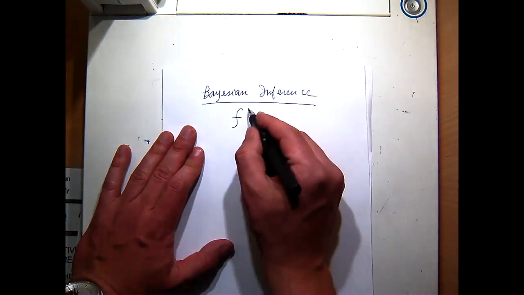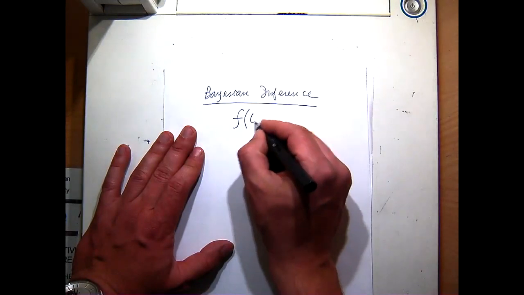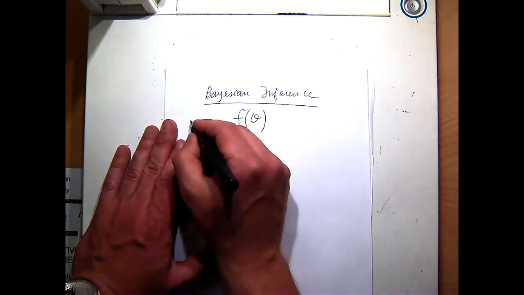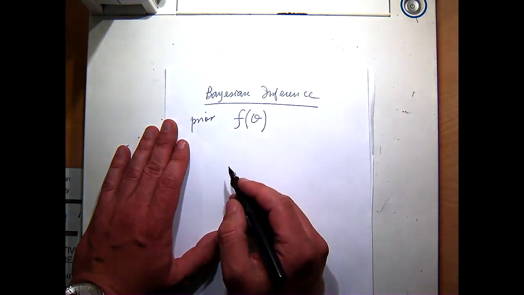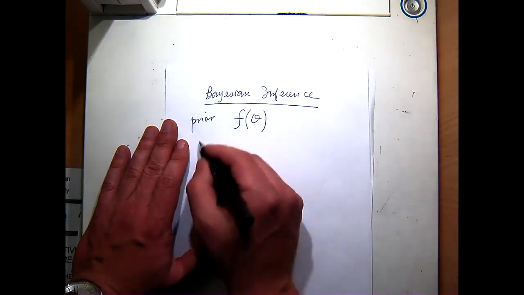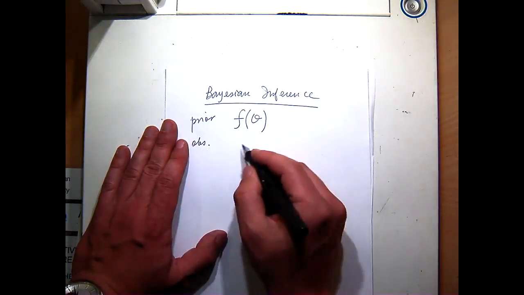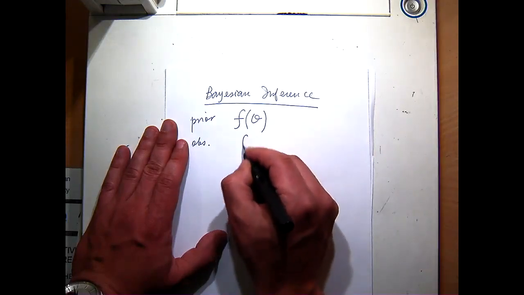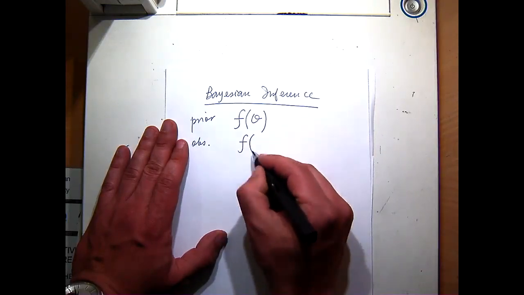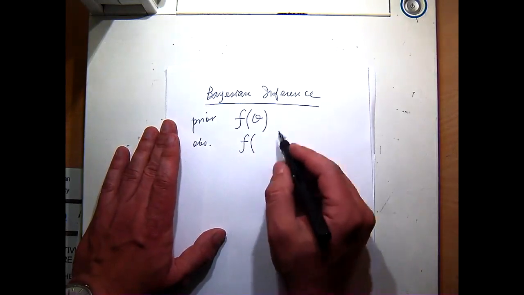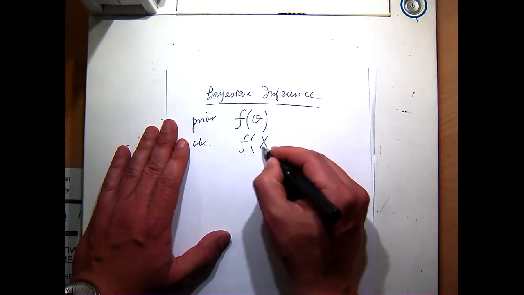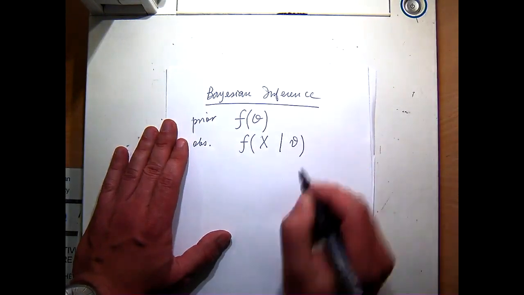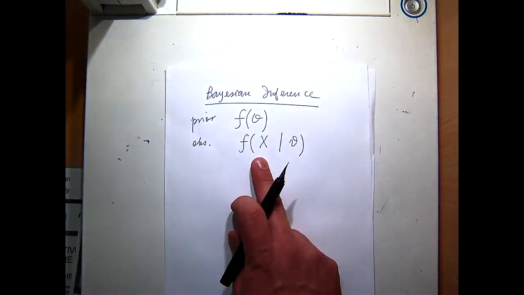So you've got some prior density on a parameter, and it could be multiple, in which case it would be a joint density. But for the moment, it's just a single parameter, prior density F of theta. And then you have the observation, and then you have a conditional density. I'm just reusing F for all these different things, and you can see from the parameter. Usually we used to think of this as an unconditional density, just the density of the observation.